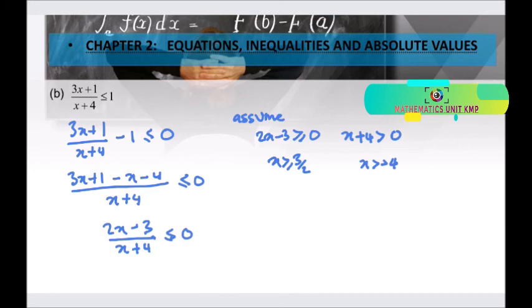We use the number line, negative 4 and 3 over 2. So x greater than negative 4, open interval here, and x greater or equal to 3 over 2, close interval.